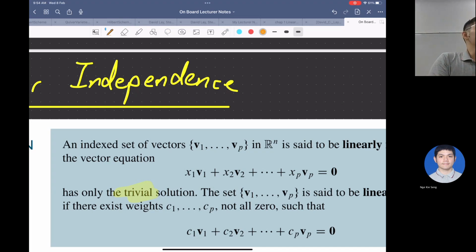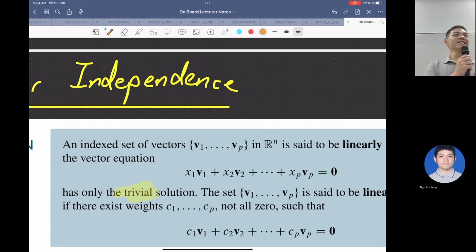Do you have a question for me, or do you want to explain what linearly independent means?